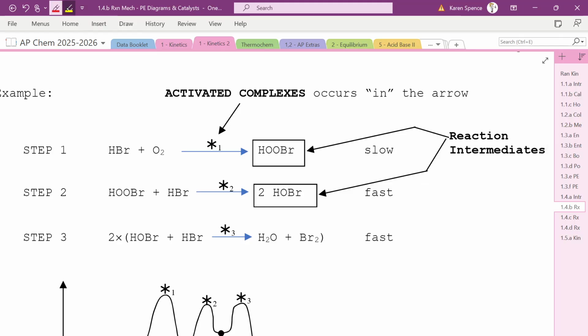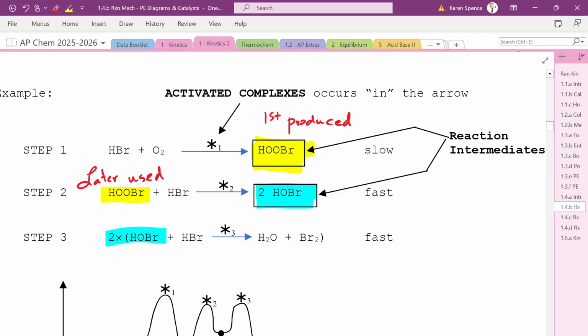So our reaction intermediate appears first in the products. First it is produced, and then later on it is used. And that's how reaction intermediates work. They are first produced, and then they are used up later.